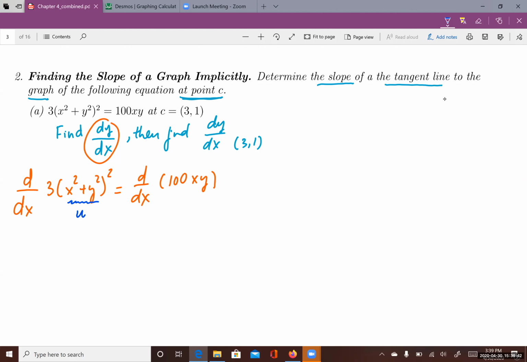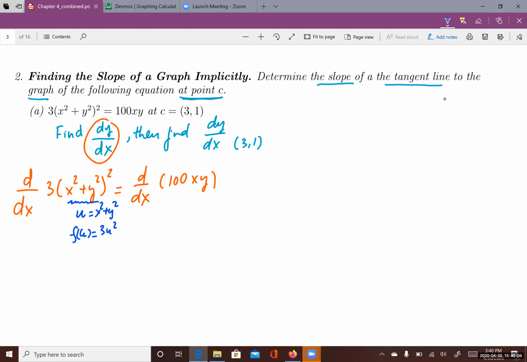Right, u equals x squared plus y squared, and f of u is 3u squared.